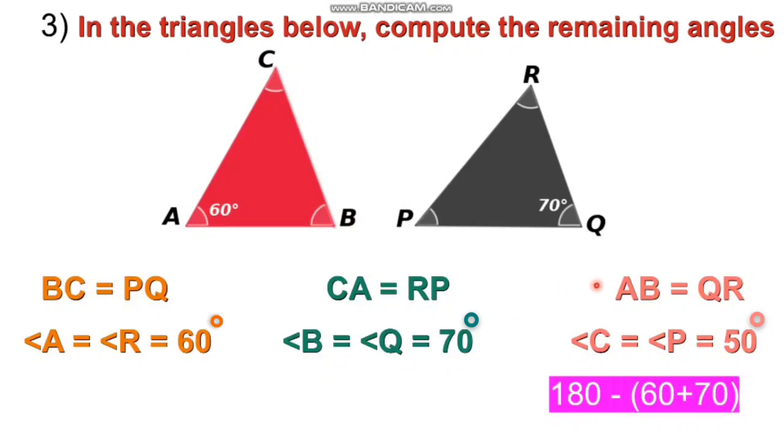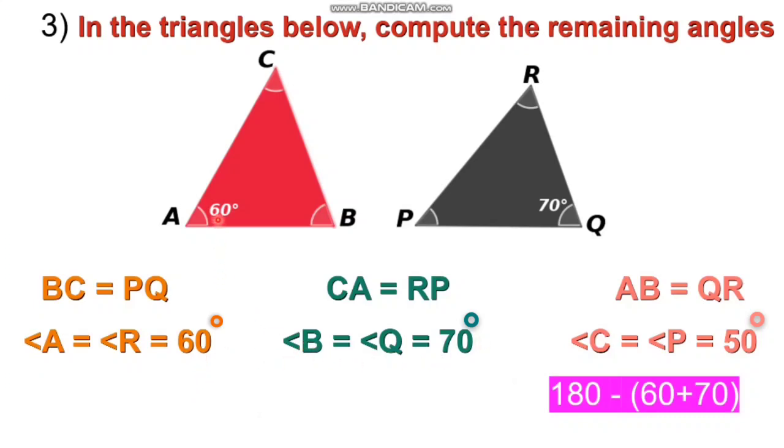Now the next, side AB. AB and QR are the equal sides given in the question. Opposite of AB, angle C. Opposite of QR, angle P. These are the two equal angles. Angle C is equal to angle P. Now we have to find the angle. A is equal to 60 and B is equal to 70.